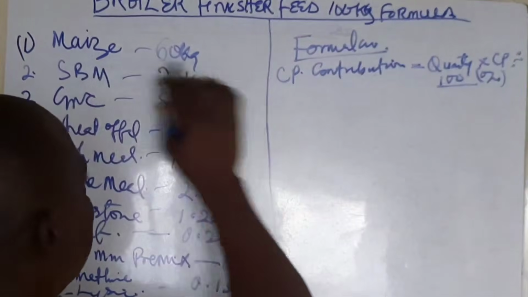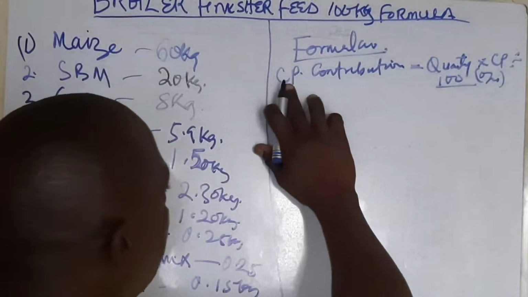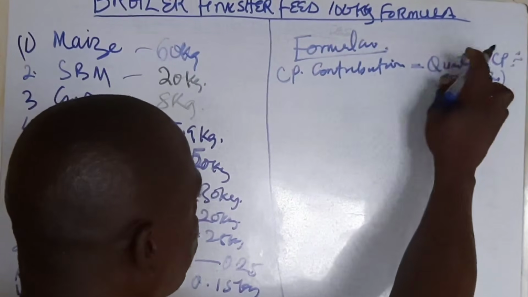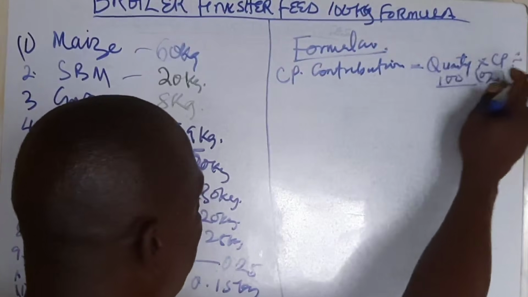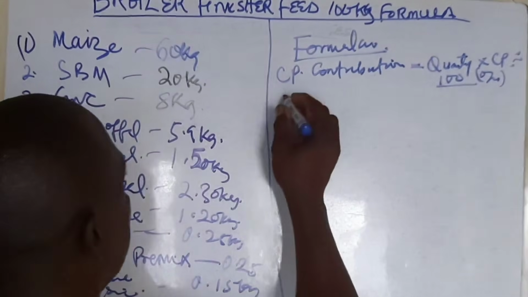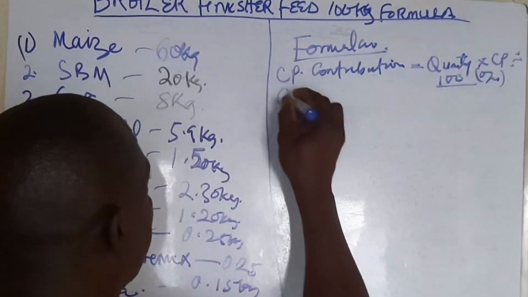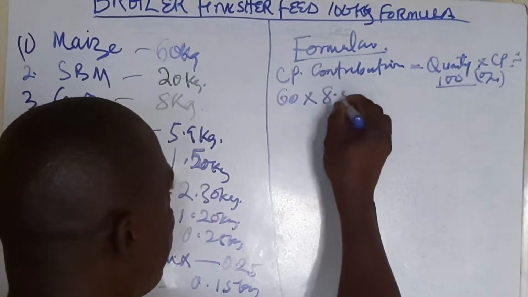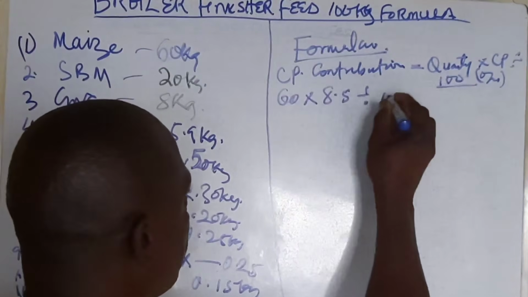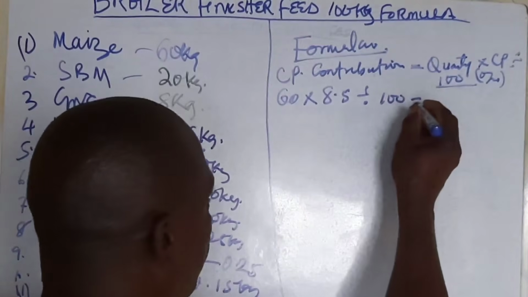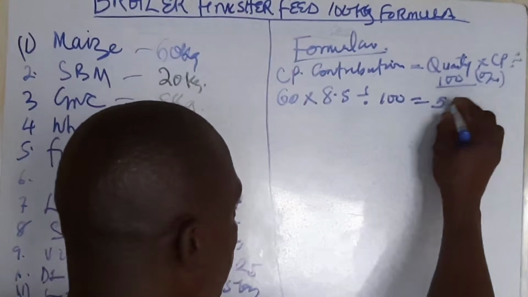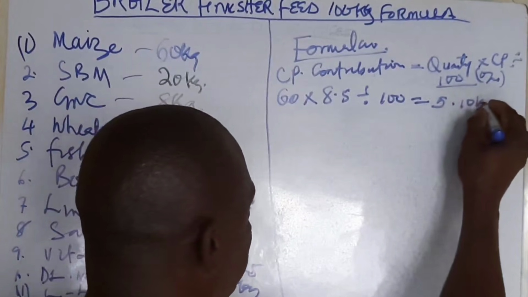Now, what it means is that you get crude protein contribution: quantity times crude protein content divided by 100. Quantity here is 60. That will give us 60 times 8.5 divided by 100. This will give us 5.10 kg CP.